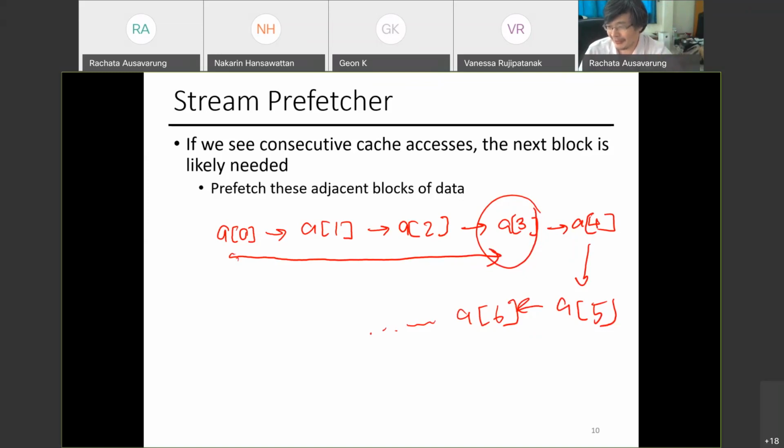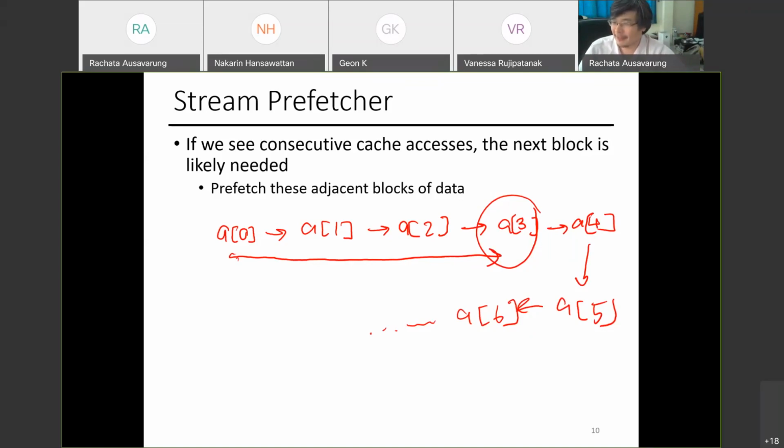Basically, if I see this trend, I'm going to grab whatever is coming next into the cache. And this is actually possible. It is actually one of the areas that people are actively working on.